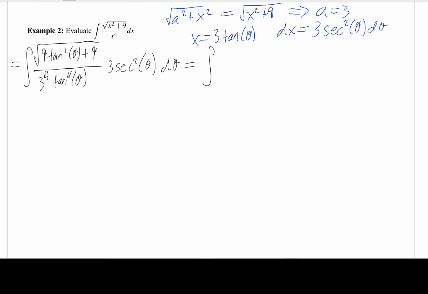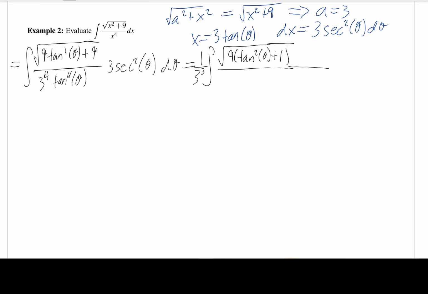Okay, so this 3 will multiply out up top, and we'll have a 3 over 3 to the 4th, which will give us 1 over 3 cubed. So I'm going to pull that out in front, 1 over 3 cubed. And then inside my square root, I'm going to factor out the 9. So this is going to be the square root of 9 times tan squared theta plus 1.